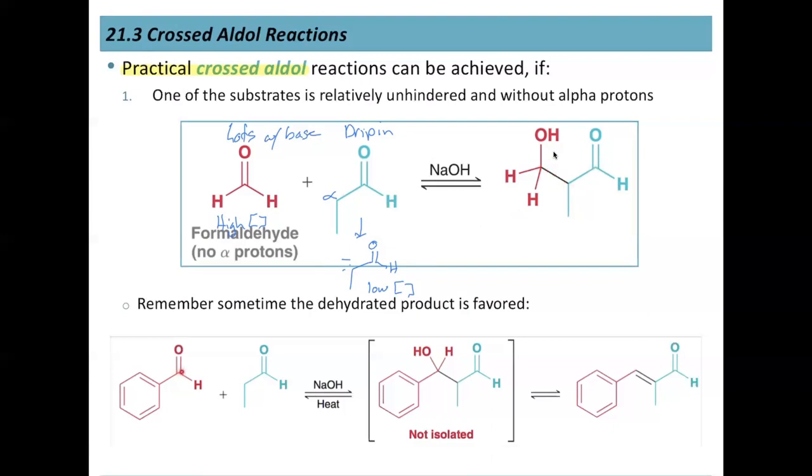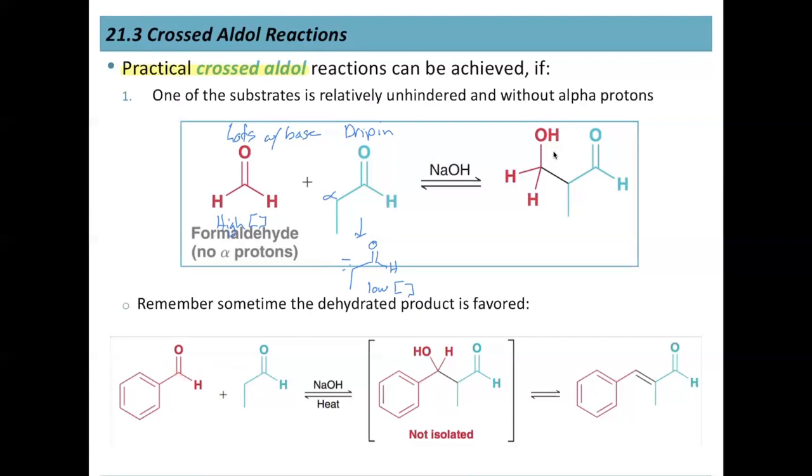We take a compound that doesn't have alpha protons with a compound that does have alpha protons, and we can mix those 2 together. Again, this one here will tend to react here. If we control the order of addition, we have this sitting in solution, we drop this in. So this tends not to react with itself. It tends to react with the compound that's in higher concentration.